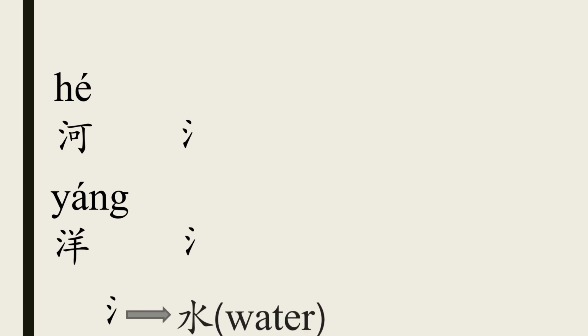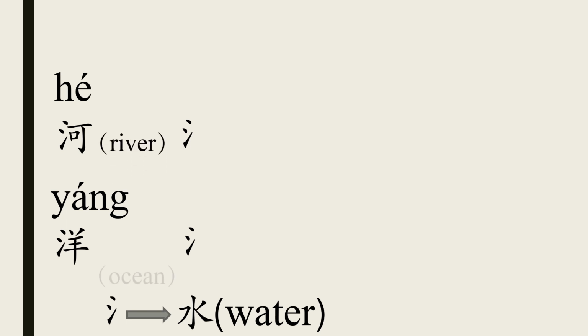Now let's have a look at the last category. We'll take 河 (he) and 洋 (yang) as examples. We can see that both of them have the same radical on the left, which indicates water. So he and yang are related to water. He means river, yang means ocean.